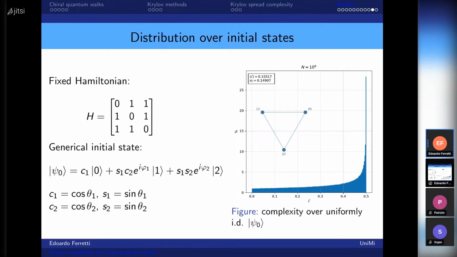I guess we could start with a real-life technological application. Usually the initial state is localized. But then maybe we are not so good at creating localized states, so we have a certain distribution around this localized state. I might see that as a motivation for trying different samplings.